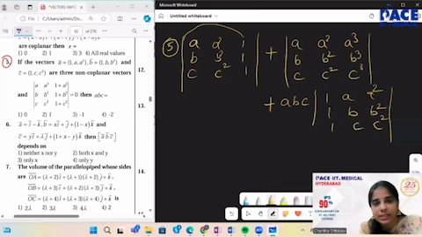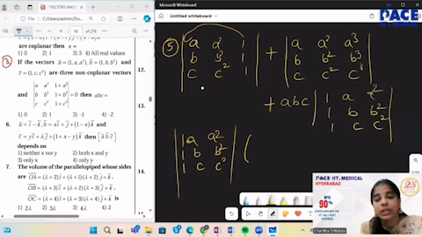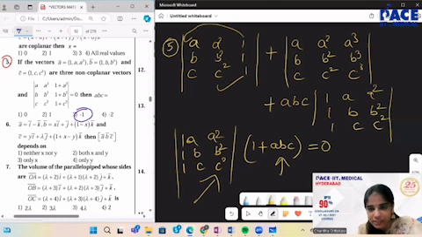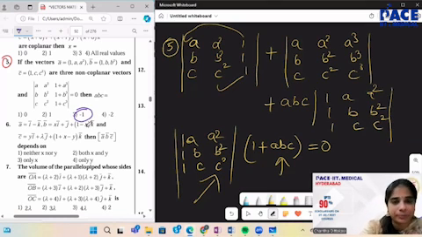So when I replace it here, it's the same as writing the determinant of 1, 1, 1 and A, B, C, A square, B square, C square, with the common factor A, B, C along with the 1 here, plus A, B, C there, which is equated to 0. Now, the determinant of this can't be 0. Hence, your ABC, 1 plus ABC equal to 0, which means ABC equals minus 1. Is that clear? So that's how you end up there.